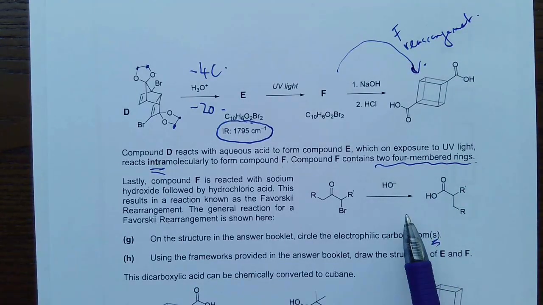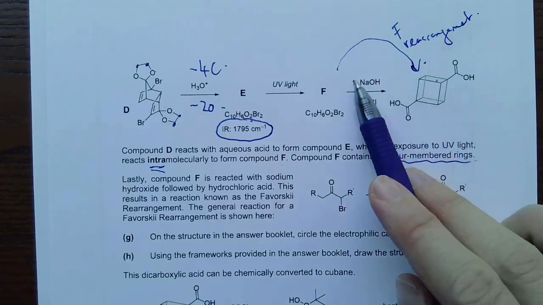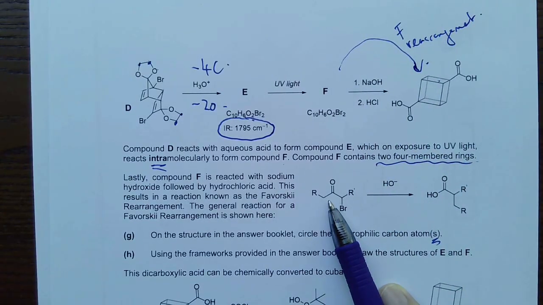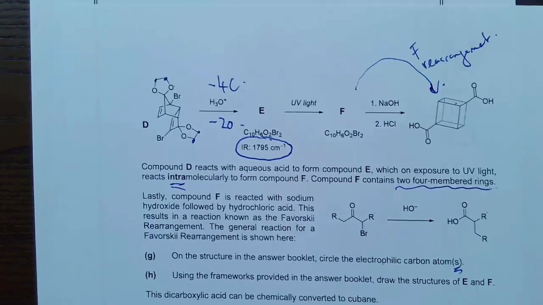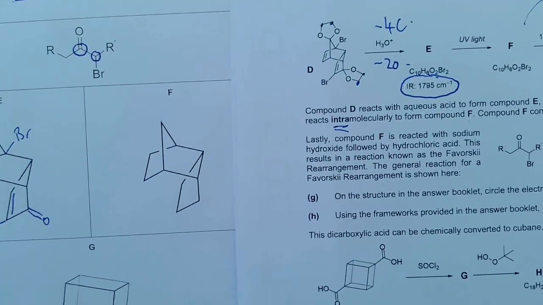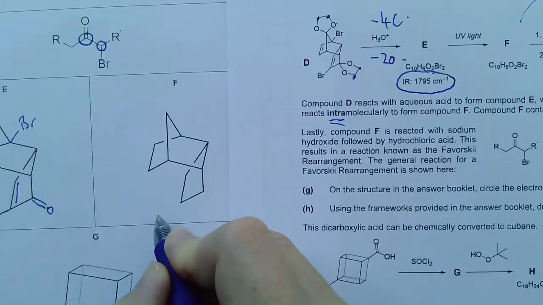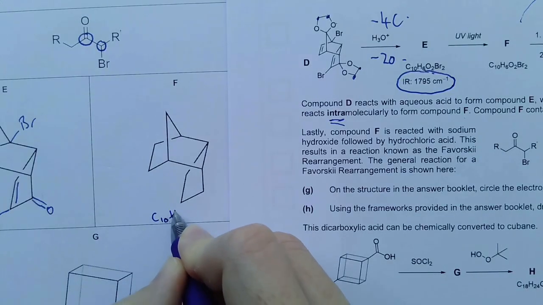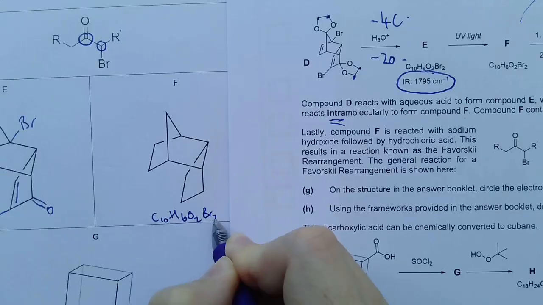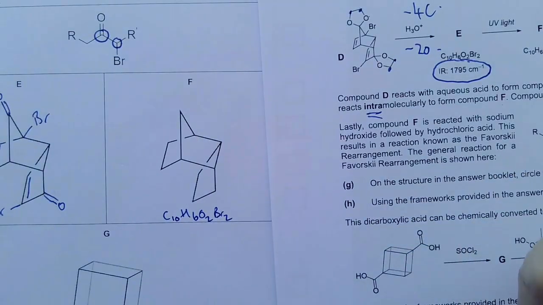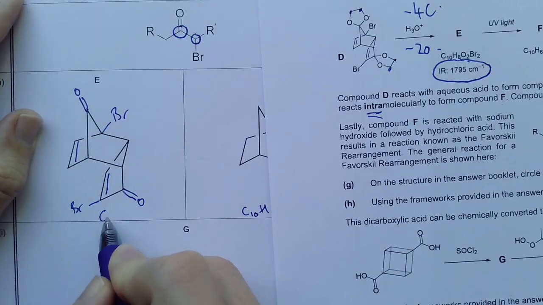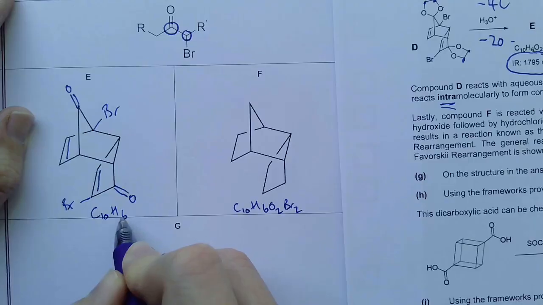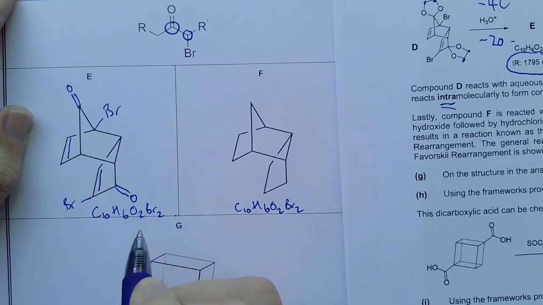So the temptation now is to try and work backwards using this reaction mechanism, but that's going to give me a headache. So let's see if we can figure out a different way. I know that the molecular formula of this compound F is C10H6O2Br2, and the molecular formula of this is also C10H6O2Br2.